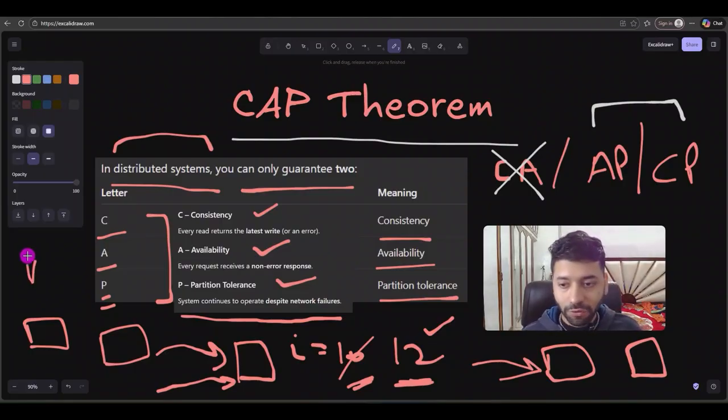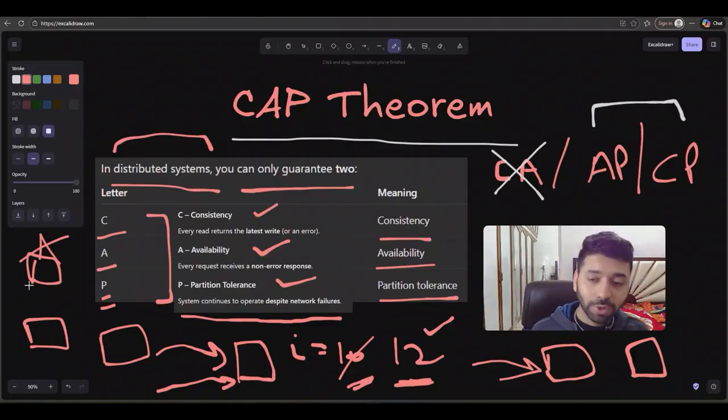It's not like if one machine is down, your complete system goes down. No, that is a single point of failure. You have to avoid that because we are talking about distributed systems. You will have a different set of machines which can handle the failures. If one machine is down, you distribute the load across other machines so that the users can still get the data.